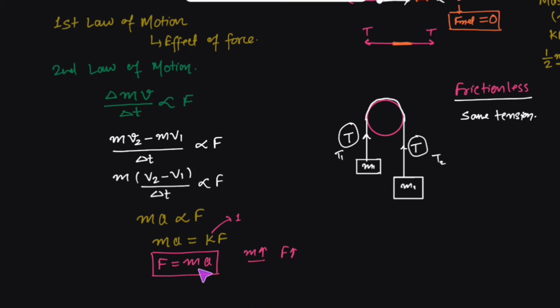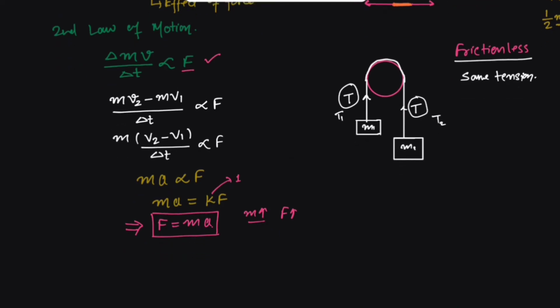Similarly, when the body size is the same, more force is required for more acceleration. Again, the second law of motion can be read in these two forms. Rate of change of linear momentum is directly proportional to the force, or we can say force is directly proportional to the mass of the object and the acceleration of the object.